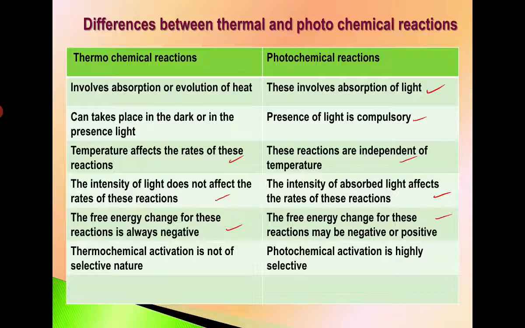For example, some spontaneous photochemical reactions show a positive free energy change, such as the decomposition of HCl into hydrogen and chlorine, and the photosynthesis of carbohydrates in plants. These are spontaneous reactions which occur under the influence of radiations, and in these two reactions the free energy changes are found to be positive.